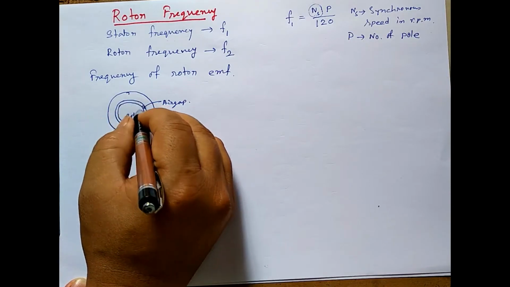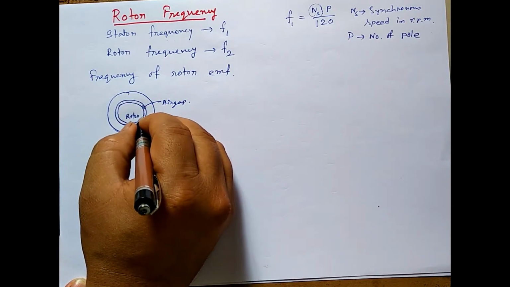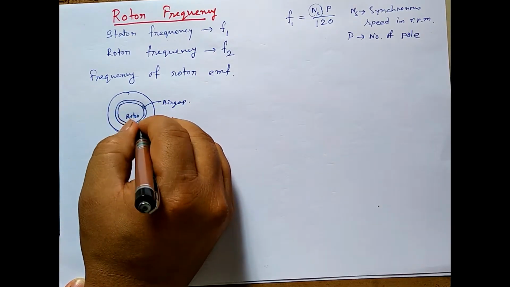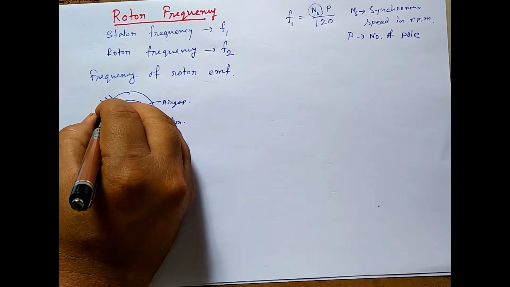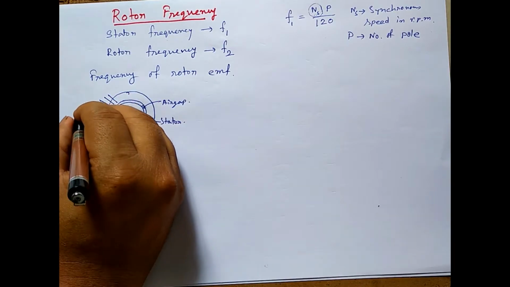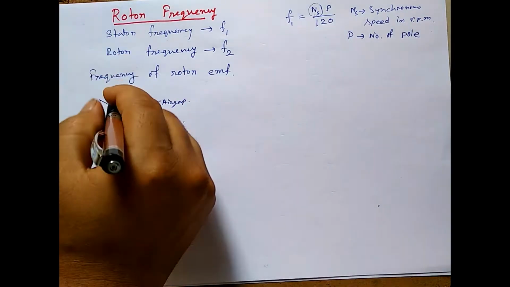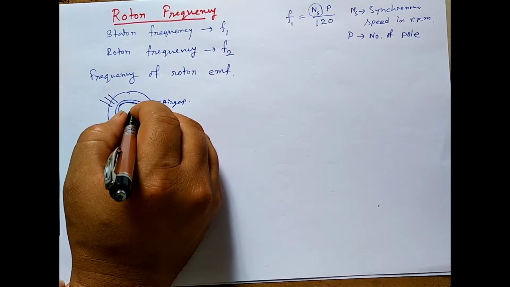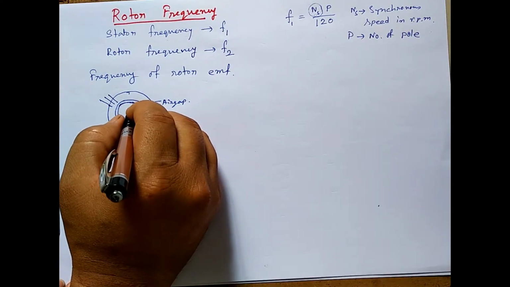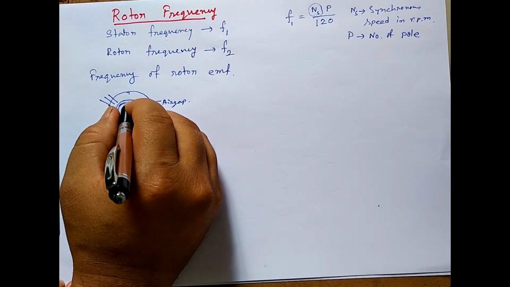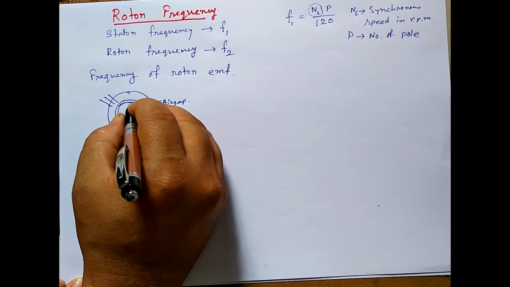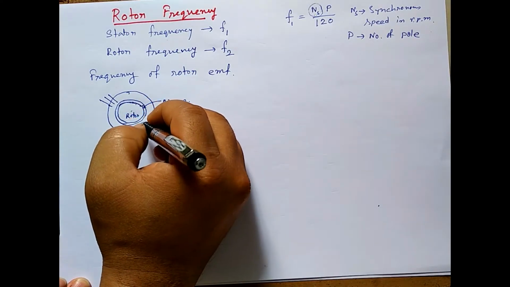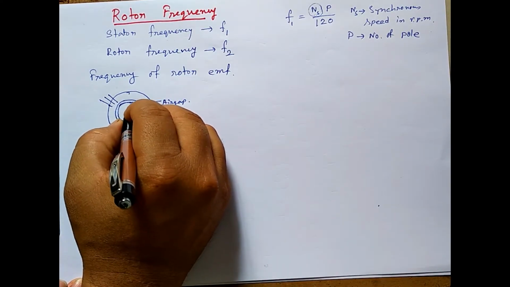In this air gap the field is rotating at synchronous speed Ns. When it is connected with the supply, the rotor induced EMF depends on the relative speed, because the rotor is also rotating and the field is also rotating. So the rotor induced EMF depends on the relative speed between the rotating flux and the rotor.